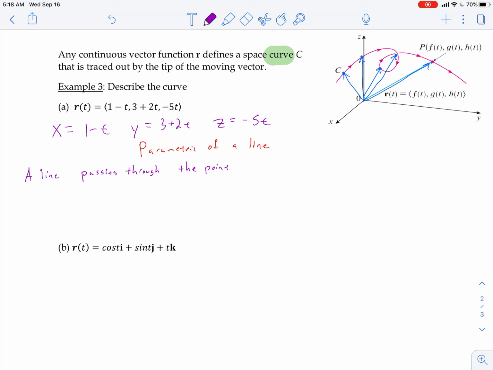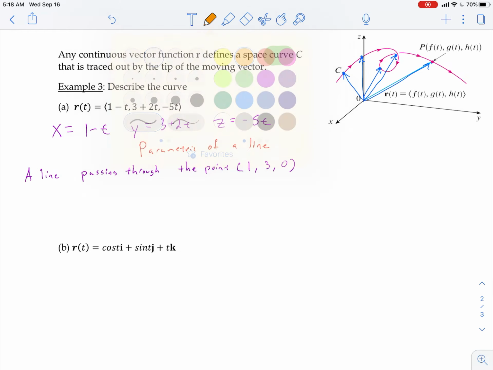In this case, our r sub 0 is going to be the constants in all of our parametric equations, not the values with our variables. So it's going to be 1, 3, and 0. That's the constant for each parametric equation. There's no value for z, so 0. That's the point that it's passing through, and it's parallel to a vector.